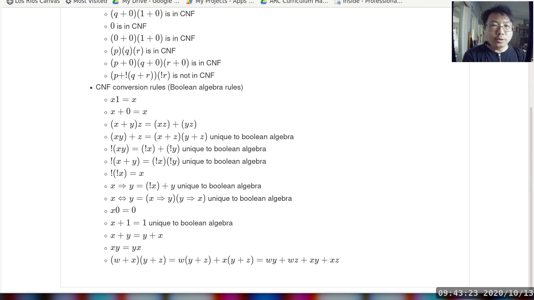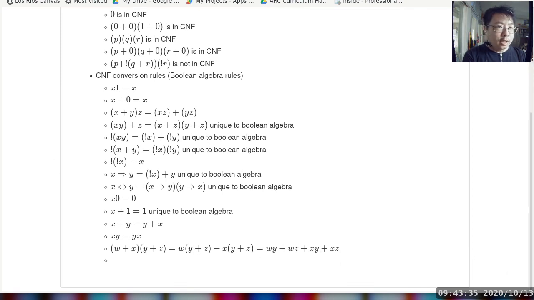So in other words, what we know as FOIL is really just coming from distribution, but applying it twice, okay? And I'm going to give you guys this as another example.